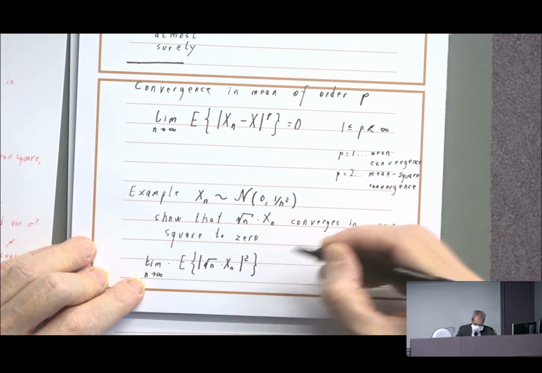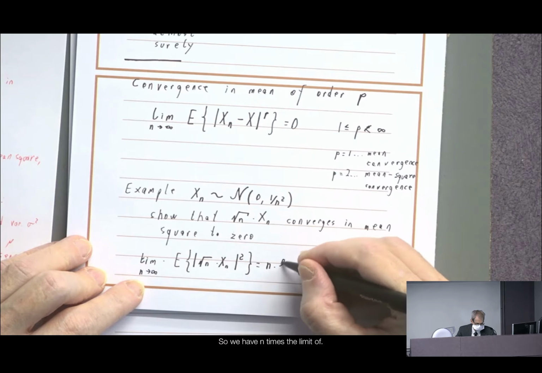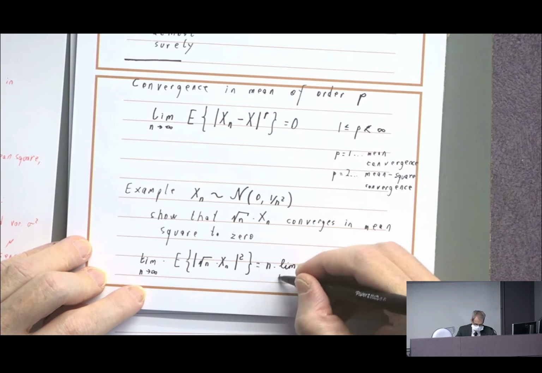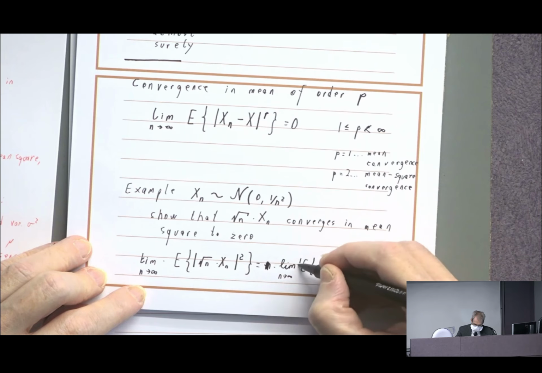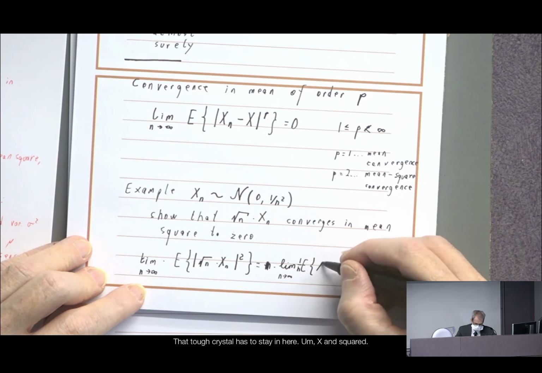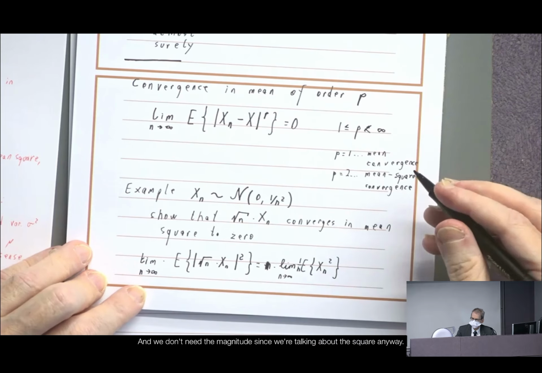Want to find what is that limit. So of course we can pull out the square root of n squared, so we have n times the limit for n going to infinity of the expectation of xn squared, and we don't need the magnitude since we're talking about a square anyway.